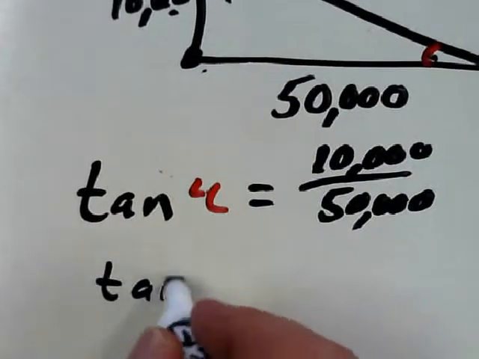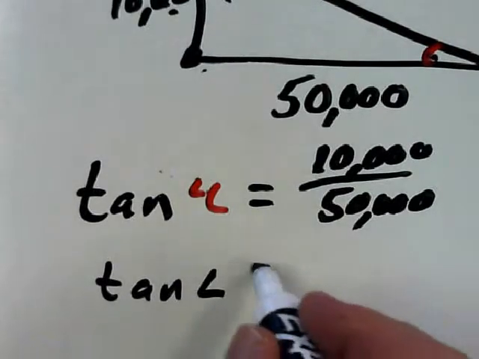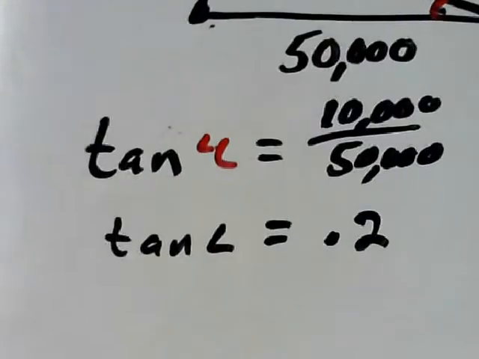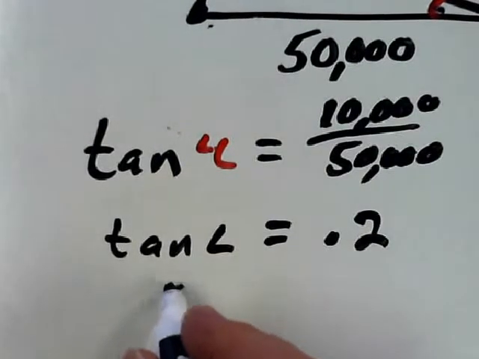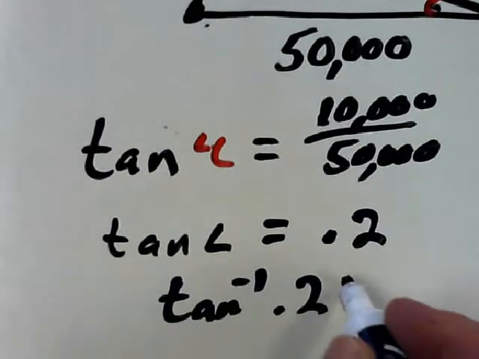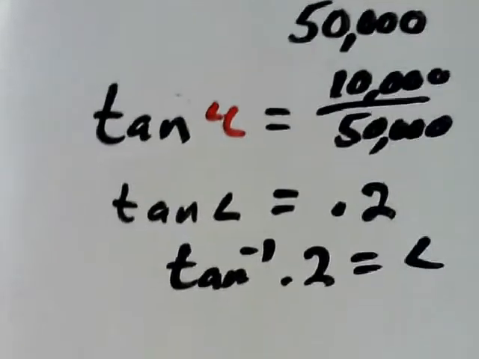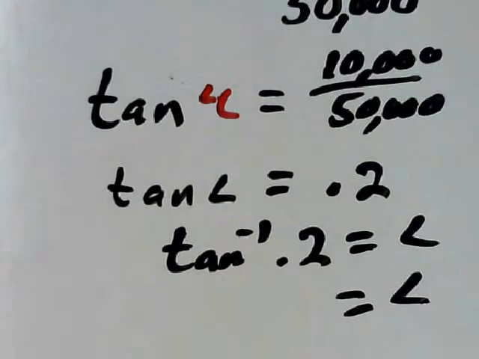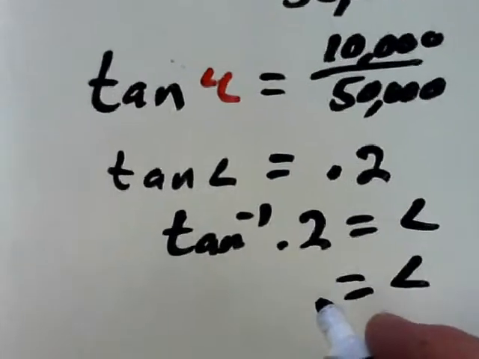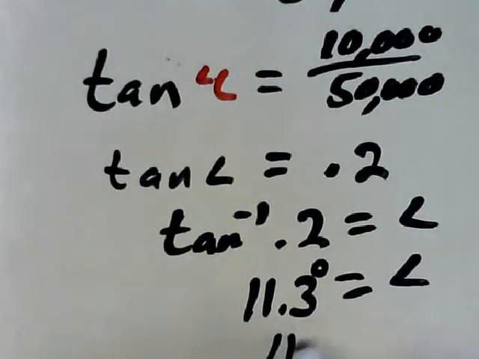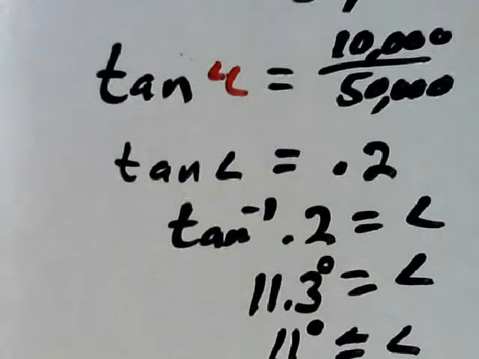So the tangent of the angle is going to be 0.2. So since I'm finding an angle, the inverse tangent of 0.2 equals the angle. So the angle is equal to 11.3, and I think they want you to round it to the nearest degree. So 11.3 or 11 degrees equals the angle.